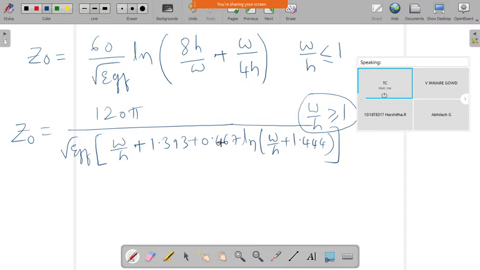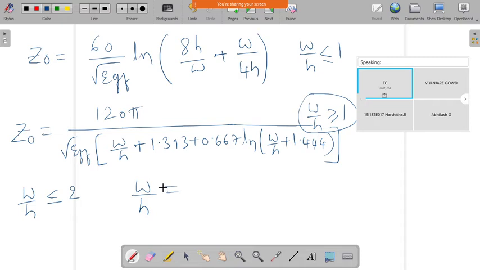Now if I want to calculate the w by h ratio, again you can use an equation. If w by h ratio is less than or equal to 2, you can calculate w by h. This is actually an approximation method you have to use.